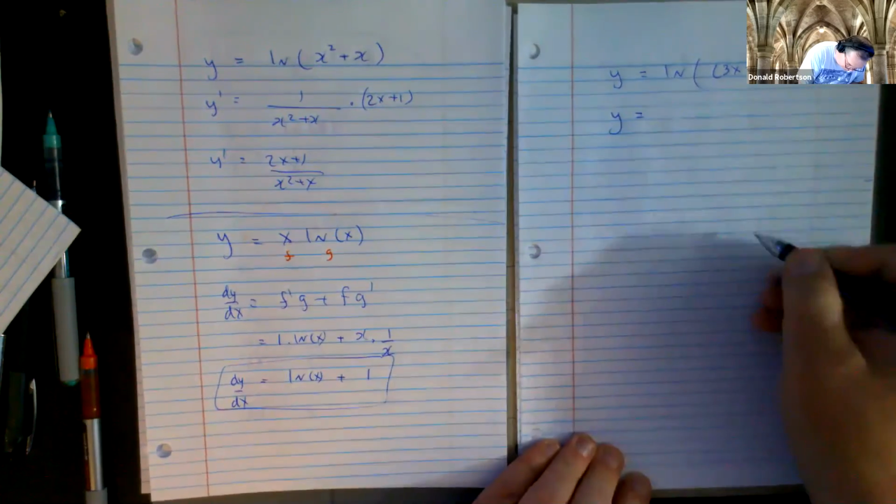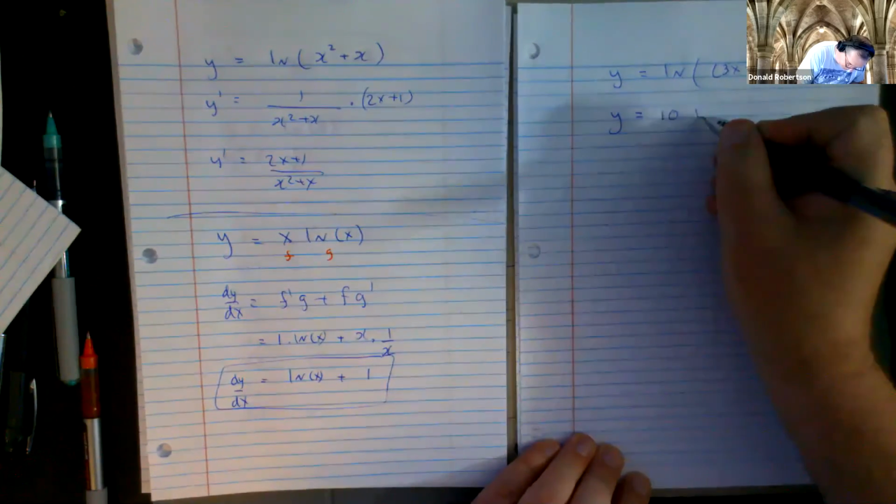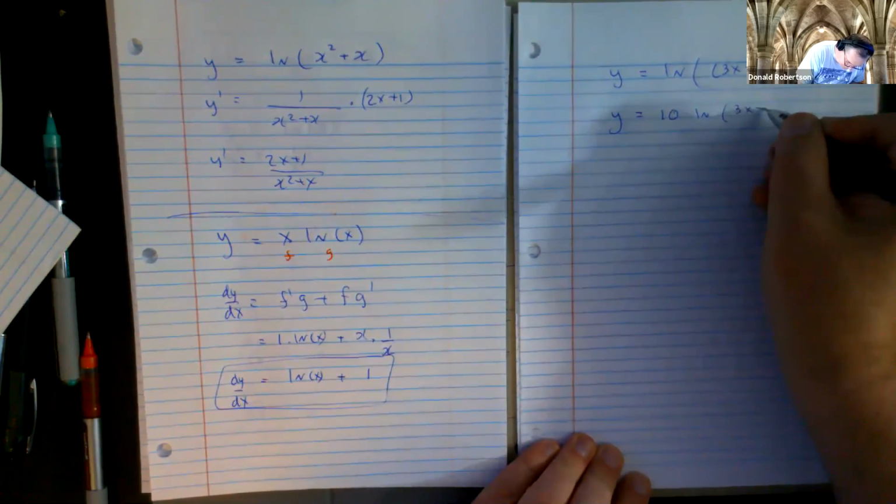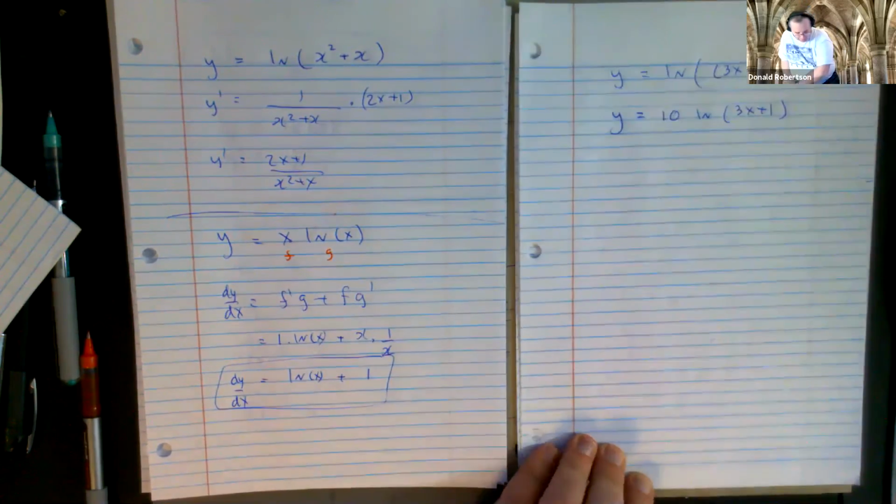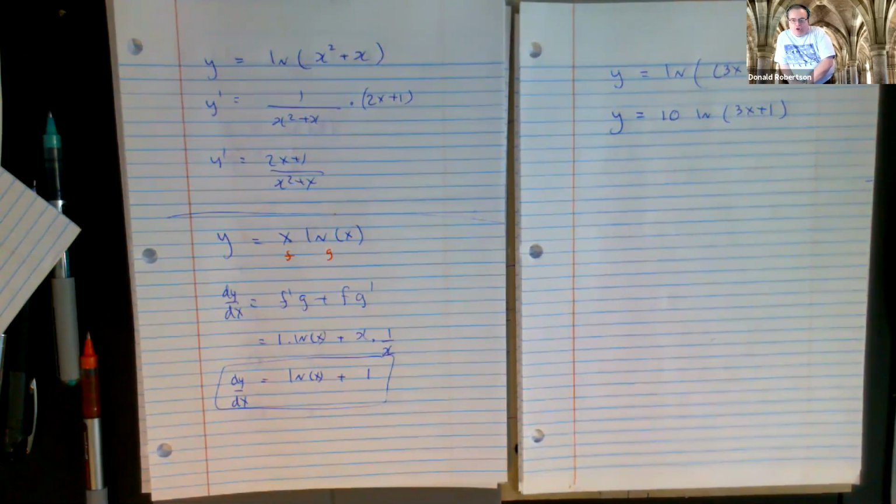Unless I realize that I can rewrite it like that. Do you remember the 3 laws of logs? Oh yeah. Wasn't there one that said the log of a power can be written as a power times its log? You know, like the log of a cubed can be written as 3 log a.